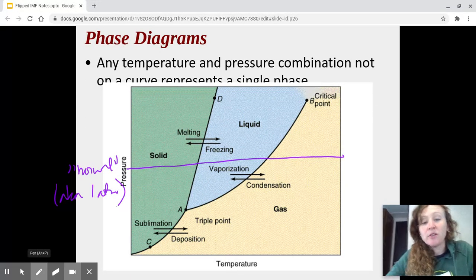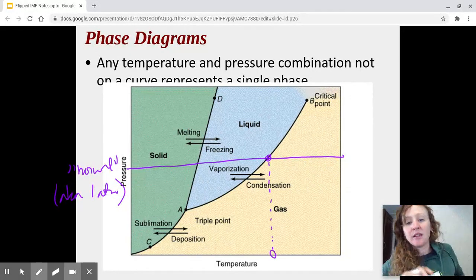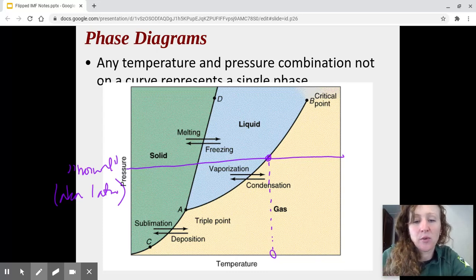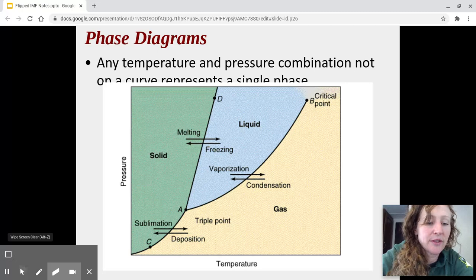And so you can find the boiling point by going from that normal on the liquid gas line and figuring out what temperature that occurs at. Or you could find your normal point of fusion, for example. So a lot of times you'll see those indicated on your graph as well.